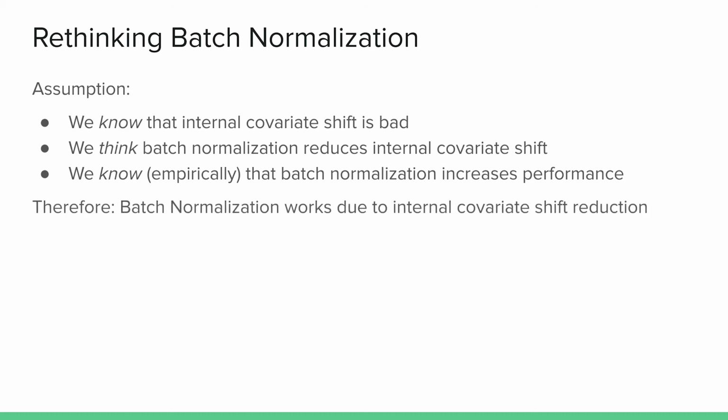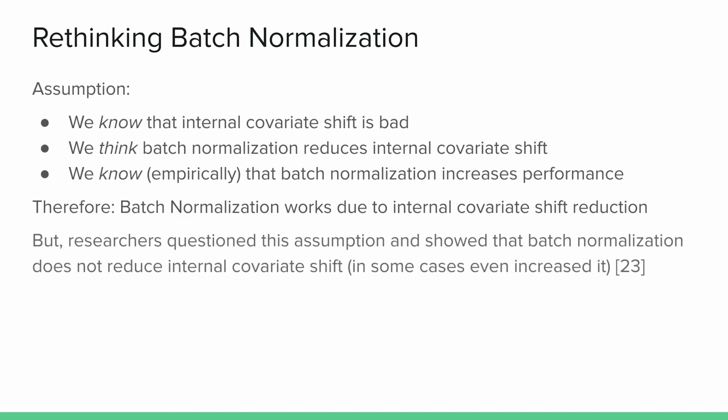So, well, batch normalization therefore works due to reducing this internal covariate shift. However, there were some researchers that had doubts about this hypothesis, and they did what every good researcher does. They went and took a look at whether this hypothesis is true or not. So they questioned this and they showed that it does not, in fact, reduce this internal covariate shift. In some cases, they could even show that it increased the internal covariate shift.